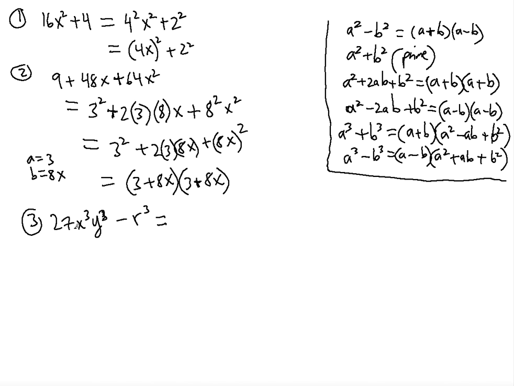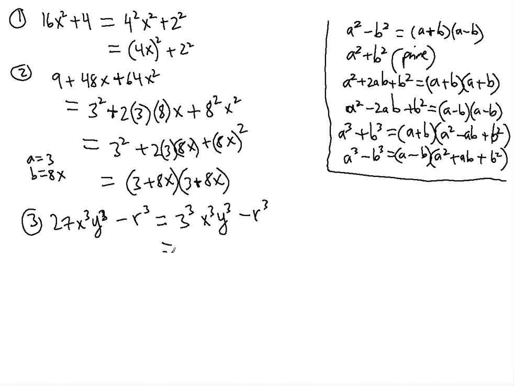So let's express 27, because 27 is a perfect cube, luckily. We can express it as 3 raised to the power of 3, because 3 times 3 times 3 is 27. So x to the power of 3, y to the power of 3, minus r to the power of 3.